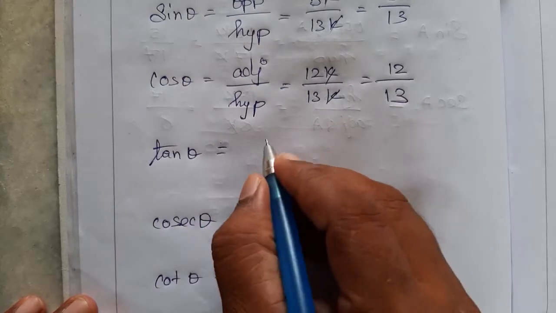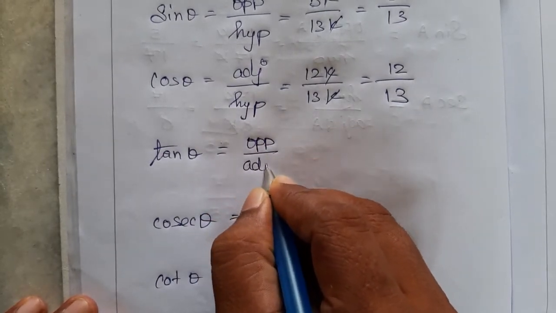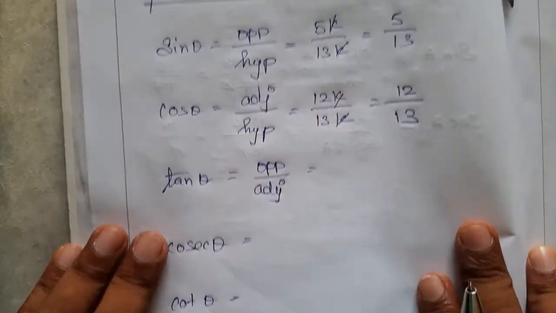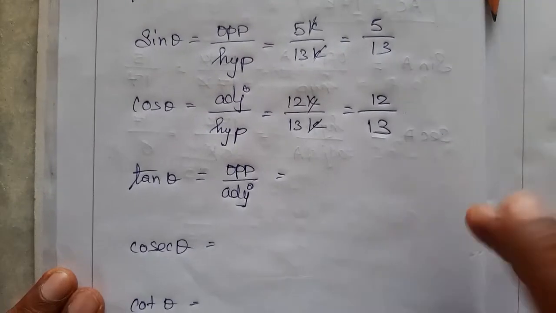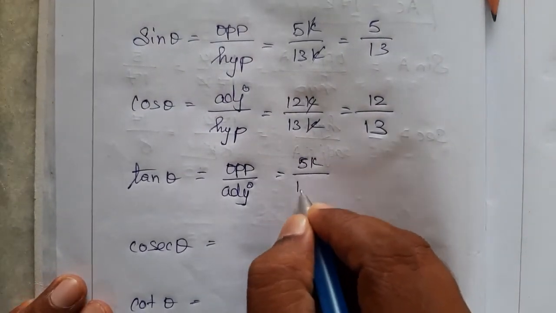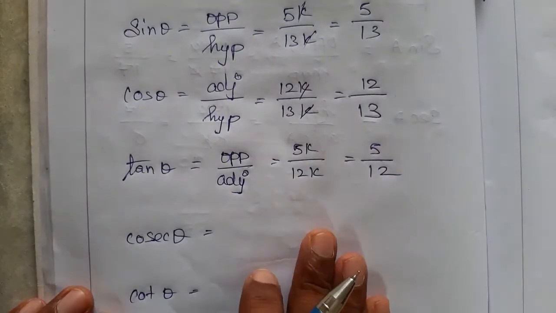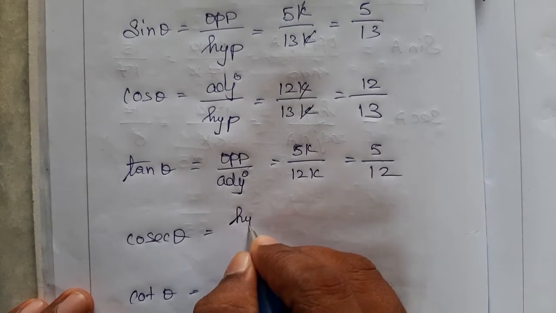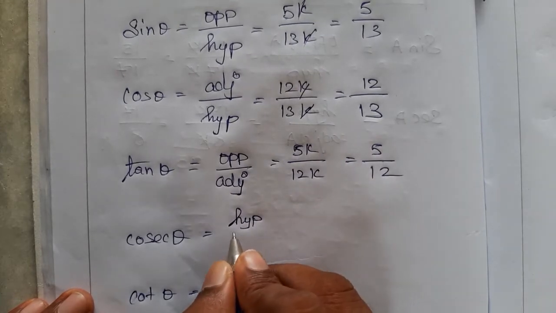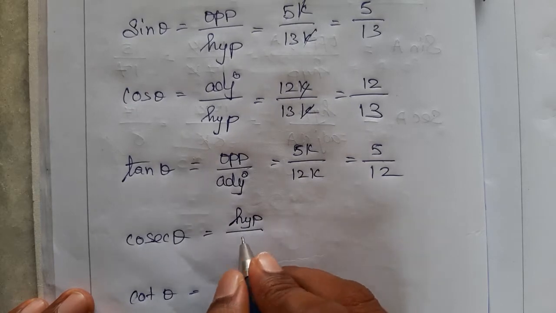So tan theta we get as opposite by adjacent. We know that opposite is 5k and adjacent is 12k. So 5k by 12k we get as 5 by 12, right? So cosec we obtain as hypotenuse divided by opposite.